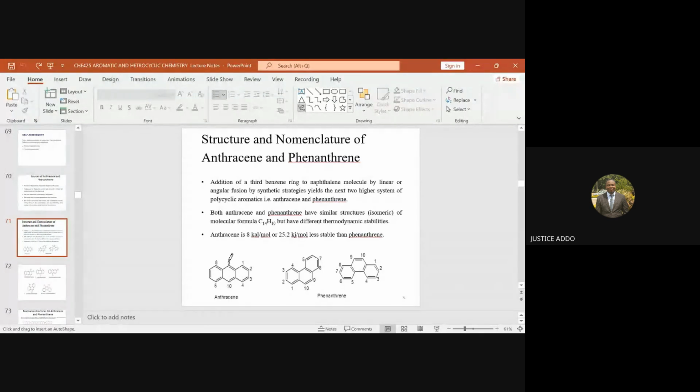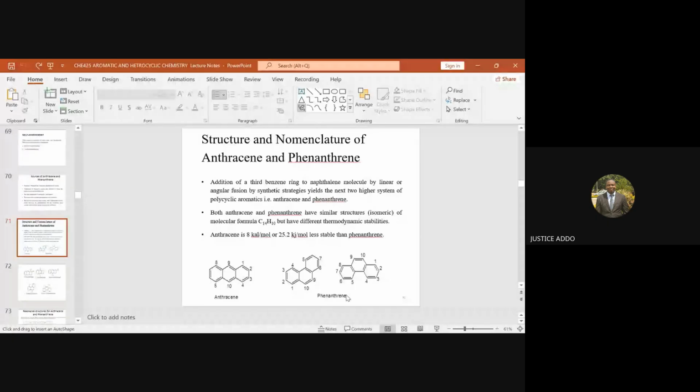Then that of the phenanthrene, again, you could see that the three rings, there are two which are at the extreme ends, and then there's a middle one. So when you start from the far left, that is this one, 1, 2, 3, 4. You leave the middle one, then you continue from 5, 6, 7, 8. Then you come to the middle one, and then you have 9, 10.